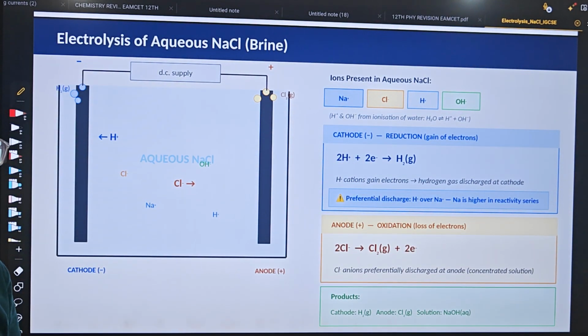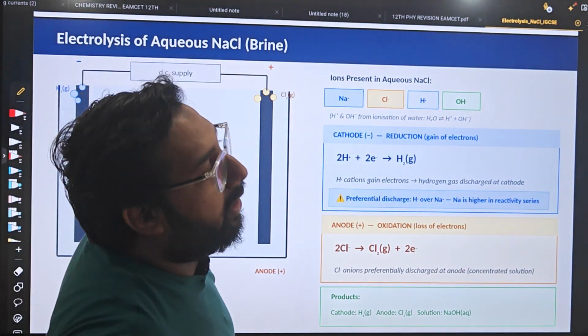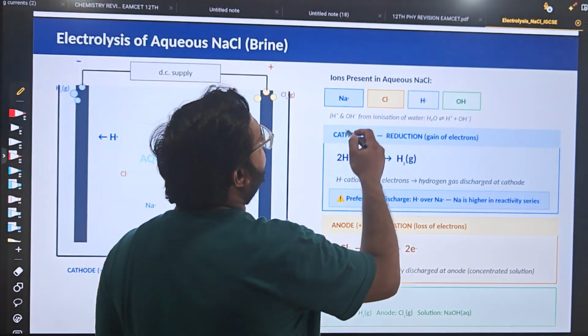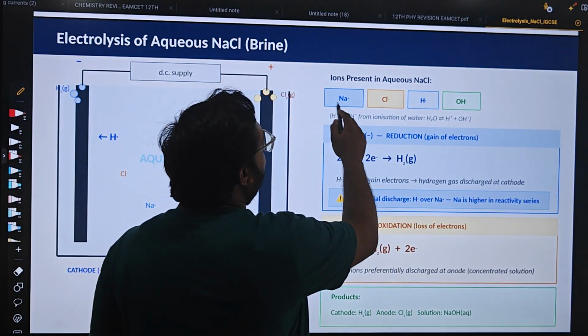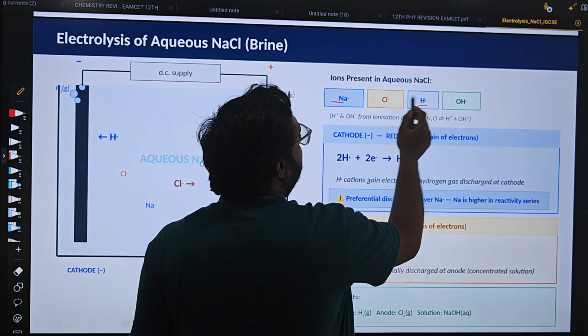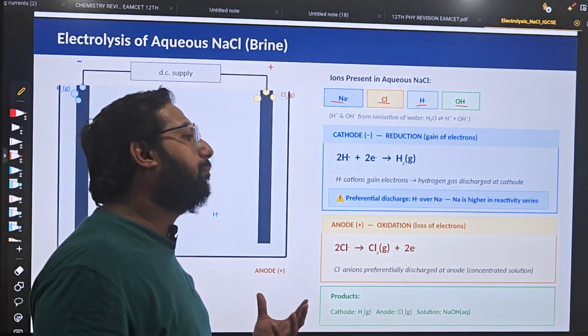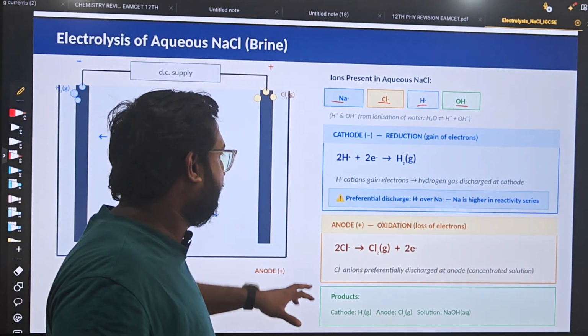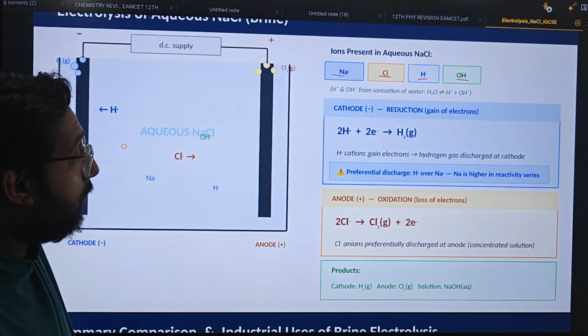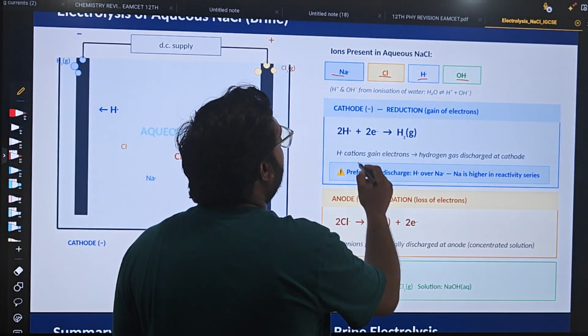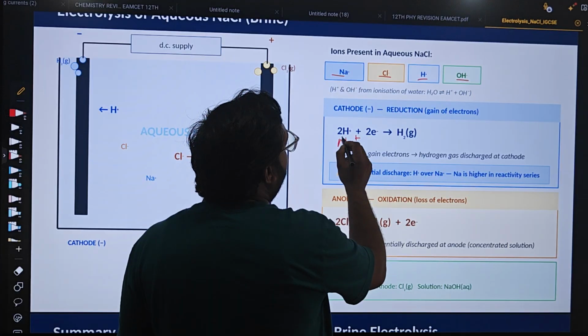But when aqueous NaCl comes into the picture, the ions we have in aqueous NaCl are Na+, H+, OH- and Cl-. These are the four ions which compete for the electrolysis. Now at the cathode, we have two ions, which are Na+ and H+.